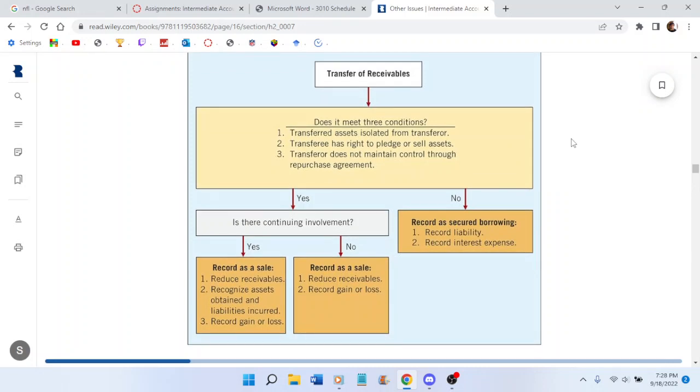Transfers receivables, does it meet the three conditions? If so, is there continuing involvement? Yes, record as a sale. If there is not continuing involvement, or if it's not met, then it's recorded as secured borrowing. The liability is recorded as expense.